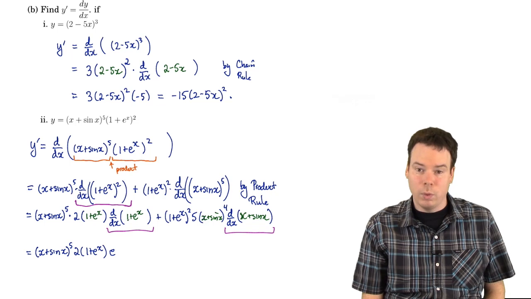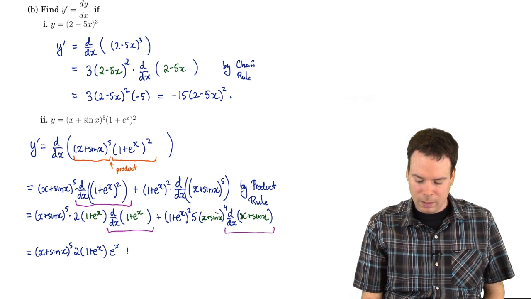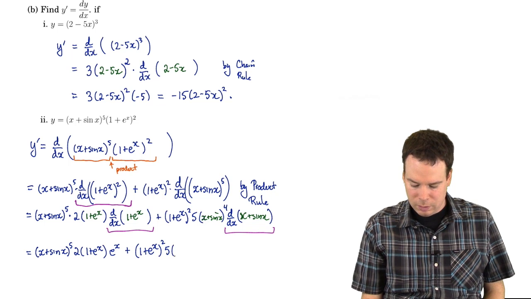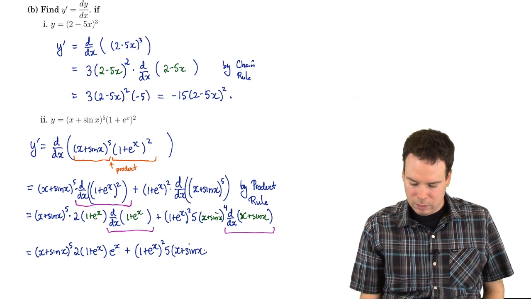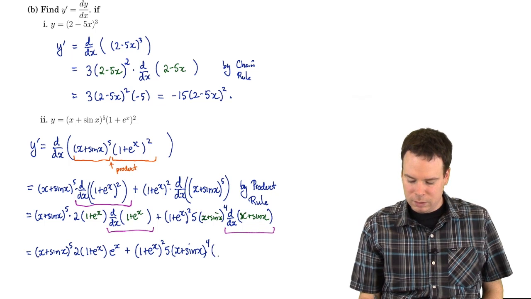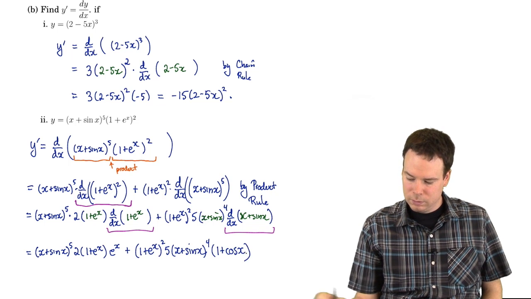That's just the derivative of 1, which is 0, plus the derivative of e^x, which is just e^x, plus this other term, (1 + e^x)^2 times 5(x + sin x)^4 times the derivative of x + sin x, which is 1 + cos x.